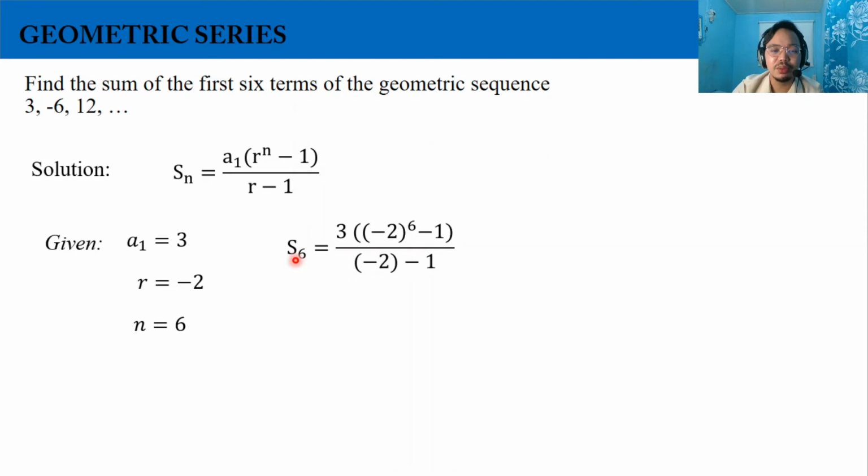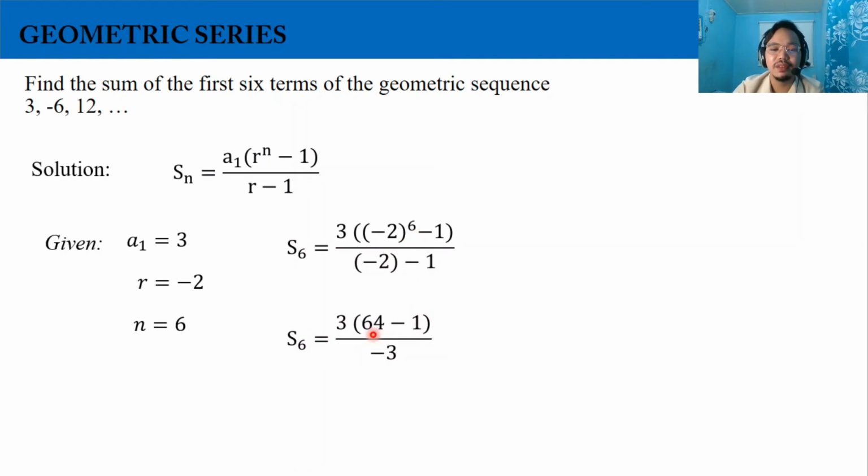So we're going to find its value. S sub 6, because n is equal to 6, equals 3. So 3 is our a sub 1, or the first term, multiplied by the quantity negative 2 raised to 6. So negative 2 is our common ratio and 6 is our number of terms. So negative 2 raised to 6 minus 1 all over negative 2 minus 1. Then negative 2 raised to 6 is positive 64 because 6 is an even number.